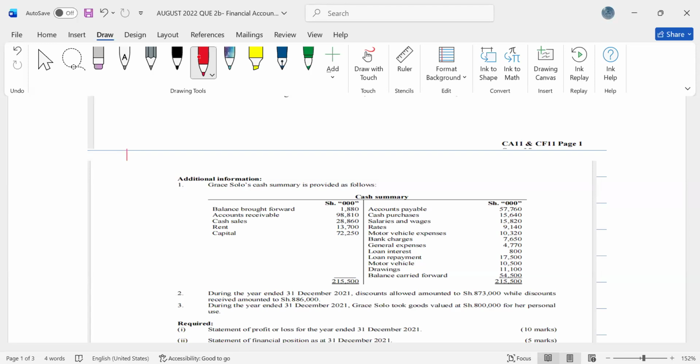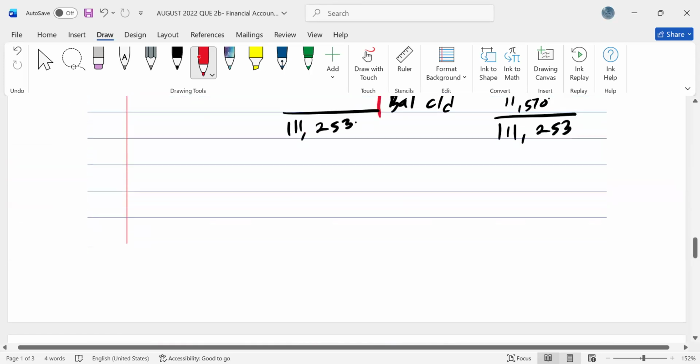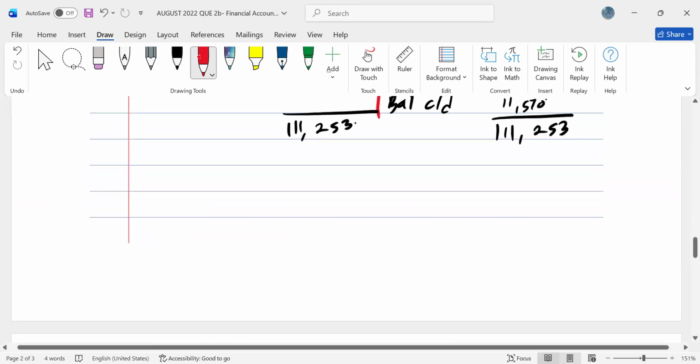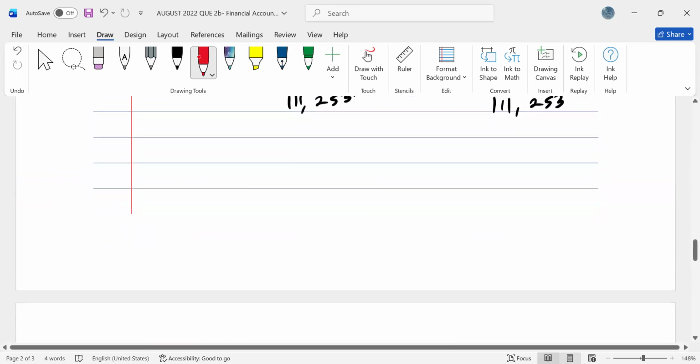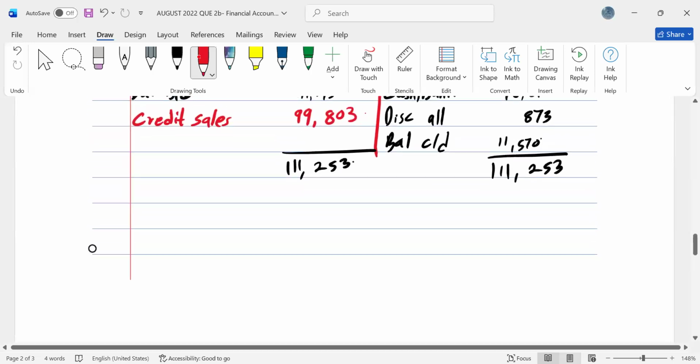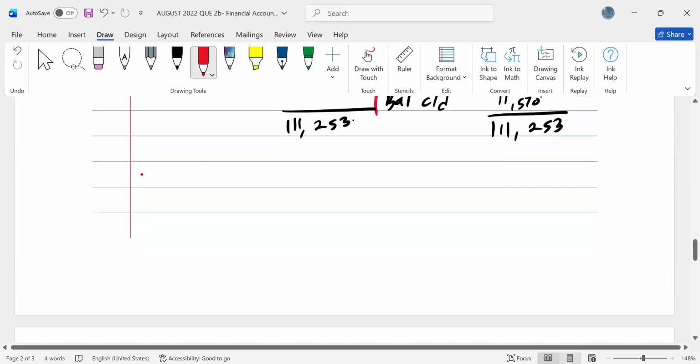So we do workings for accounts payable. We can call this working 2, accounts payable.